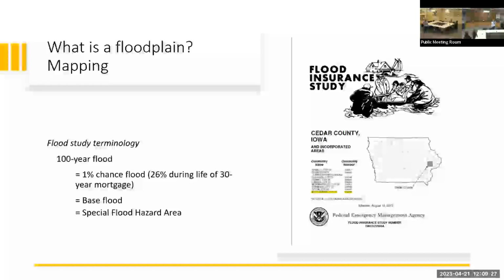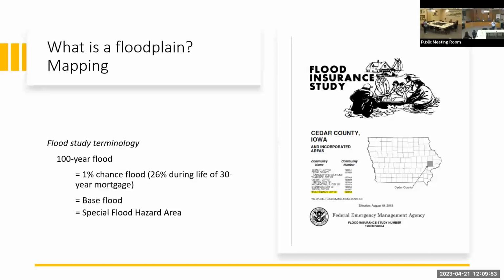So FEMA does a flood insurance study for each community, in this case, the county and its cities. That flood insurance study does hydraulic, hydrologic studies of our rivers and streams and other water bodies to determine where the 100-year floodplain is. So that we're all in a floodplain, right?